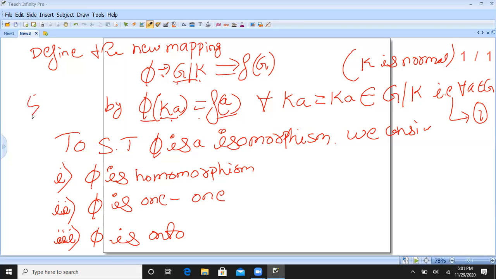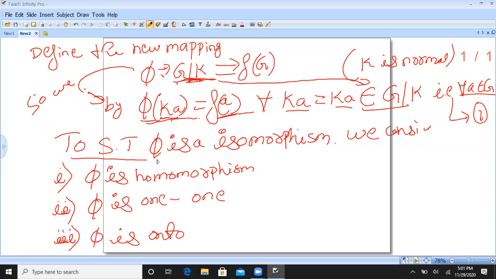So we can write phi of Ka is equal to f(a) for all Ka belonging to G/K. Therefore, we can write a belongs to K, phi of Ka is equal to f(a).